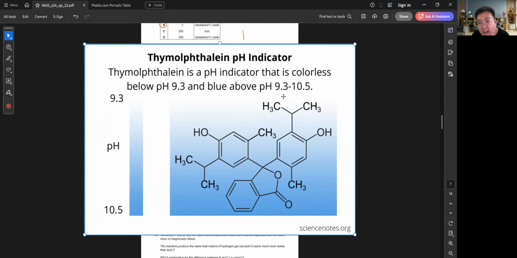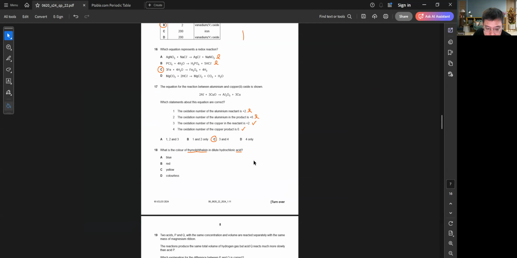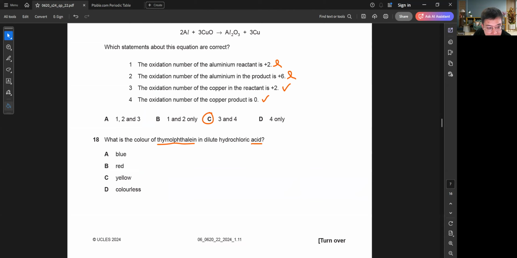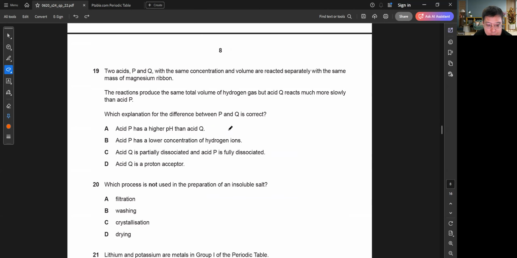So for alkali, it is blue. And for acidic, it's colorless. So this one over here, it is colorless. To make it simple for students, just write down in your notes, thymolphthalein is colorless in acid, blue when alkali.